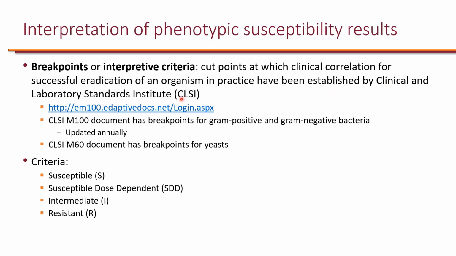Essentially, for a given organism and each antibiotic, they will tell you at what MIC cutoffs it will be considered susceptible, intermediate, or resistant, and for some of these there will be susceptible dose dependent, meaning it would be susceptible as long as you give a certain amount of antibiotic.